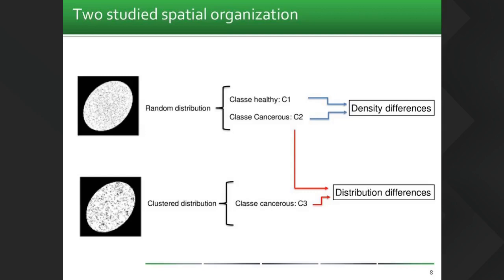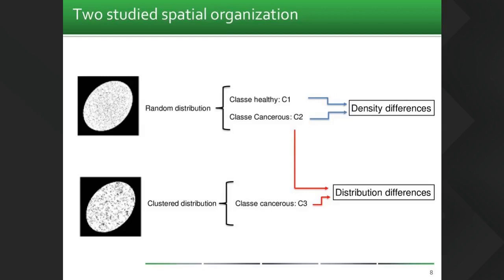For the other type, we generate the fluorescent markers in a clustered way. So we will have the distribution differences if we compare with one of the classes of cells, C1.